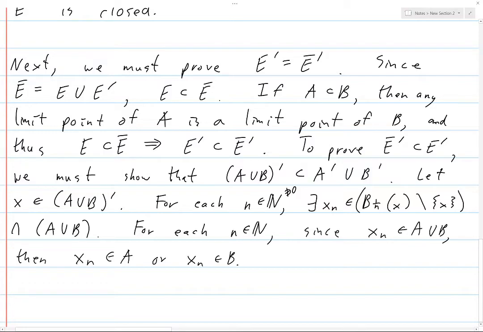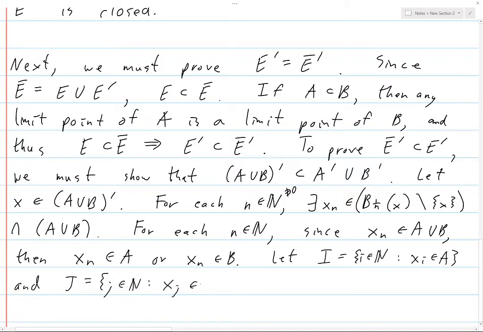A and B could intersect, and it could be in both of them, but it has to be in one of them. Now let I be the set of indices i such that x_i is in A, and J be the set of indices j in the natural numbers such that x_j is in B.